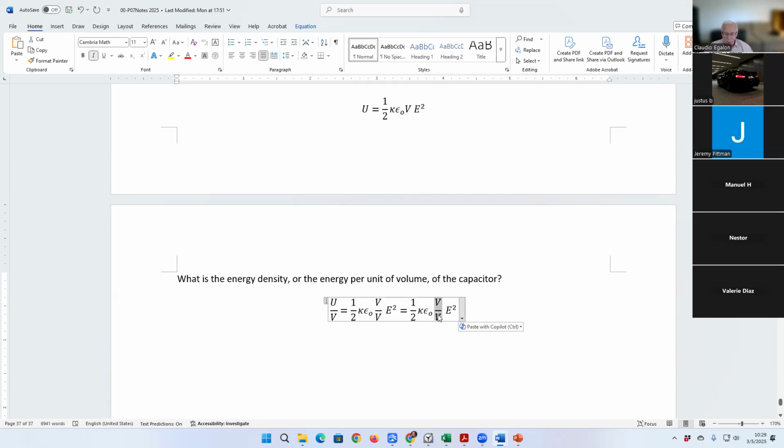This ratio that you have right here is usually denoted by the letter mu, and we put a subscript E for electric, the density of energy due to the electric field.